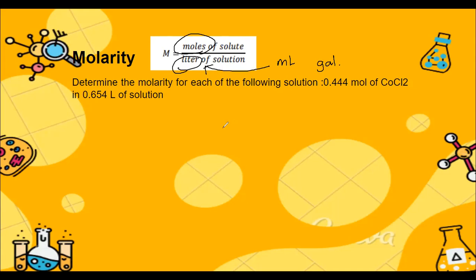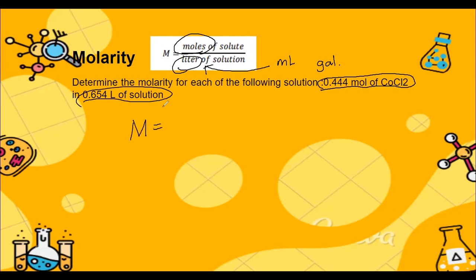Determine the molarity of the following solution. So we have 0.444 mole of COCl2. And the liter of solution is 0.654. Okay? Now, let us solve for its molarity.